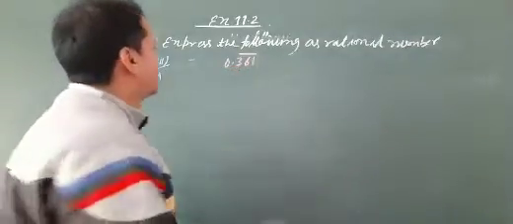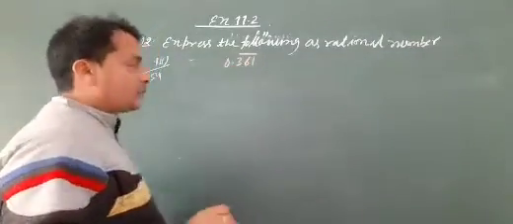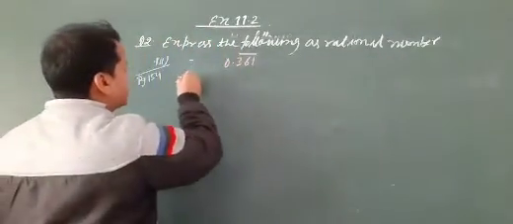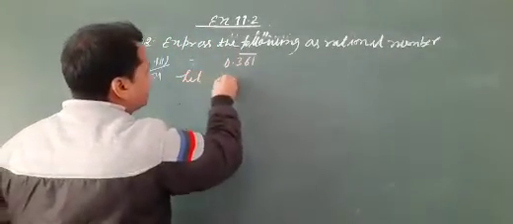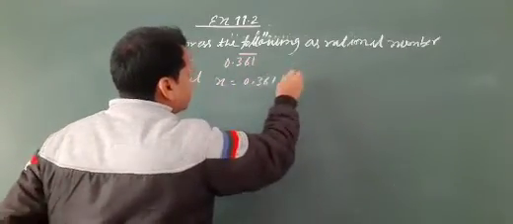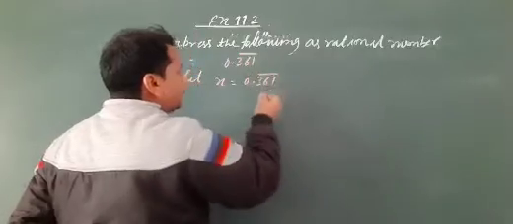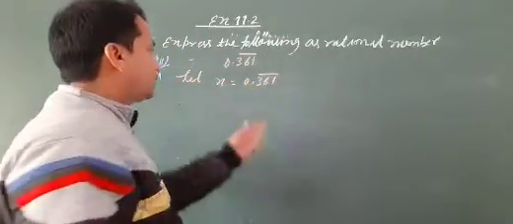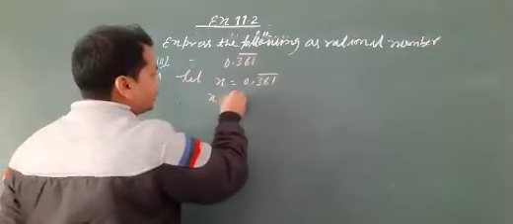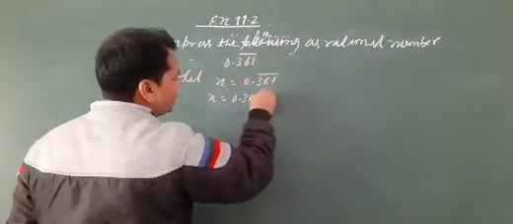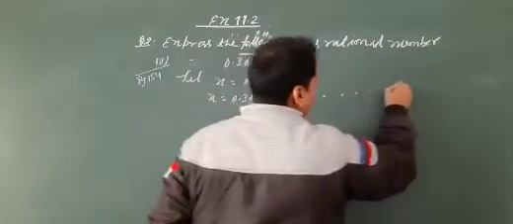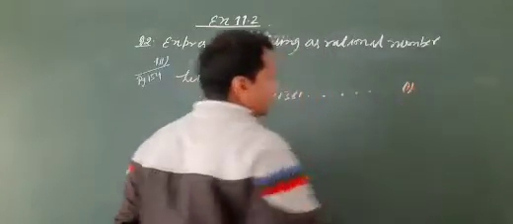So the first step is, suppose that x equal to 0.361 repeating. After the decimal point 3 digits are repeated here, then x equal to 0.361 repeating, that is the first equation.